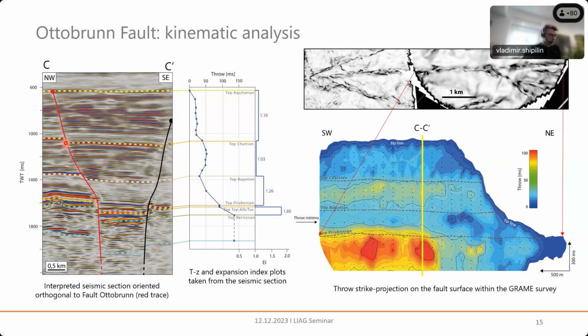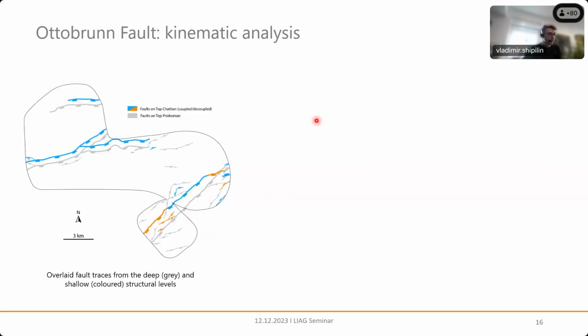So here the upper fault segment managed to coalesce with the lower segment. So I mentioned that there is an along strike variation in fault coupling, and this can be illustrated by this figure.